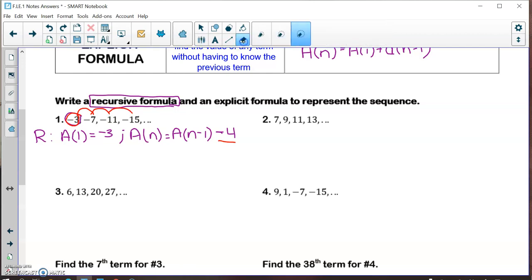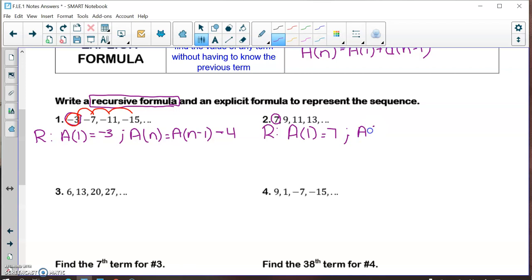All right, so same thing with number 2. Let's just do all the recursive formulas first. So my recursive formula for number 2, how you report it is you write a of 1 is equal to, and then you state the first term of your sequence, which in this case is 7, and then you draw a semicolon.